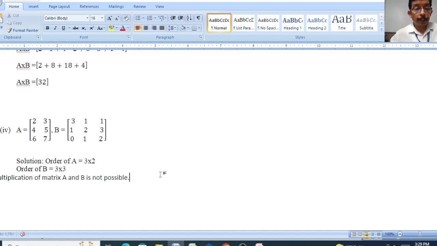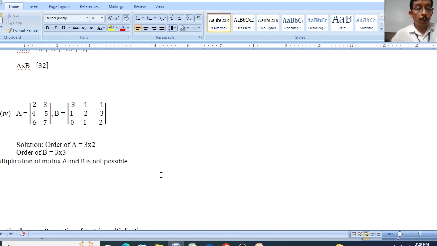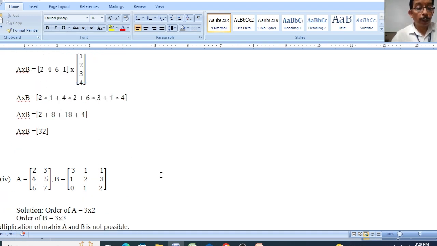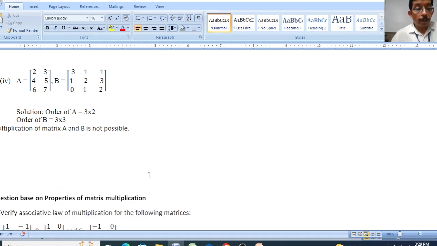Clear, everyone? These questions on whether multiplication is possible or not, and how to multiply one matrix by the second matrix, are complete.